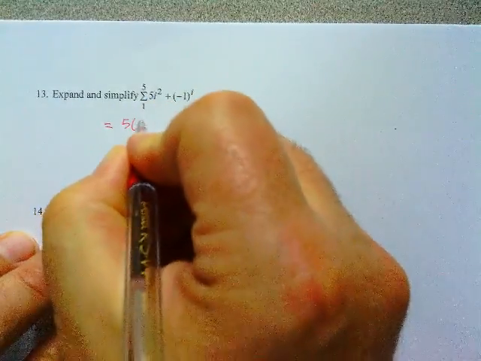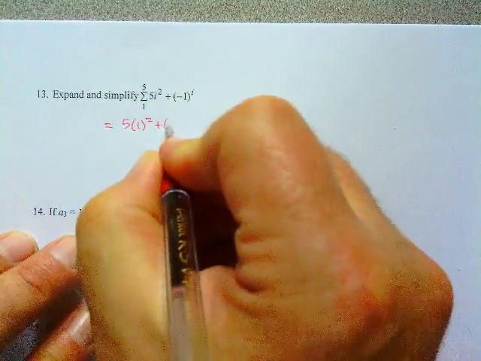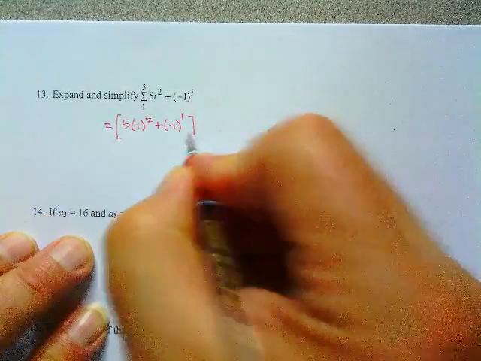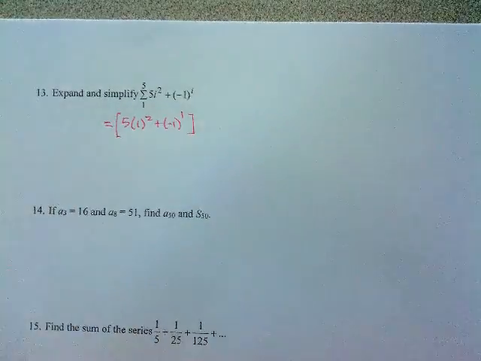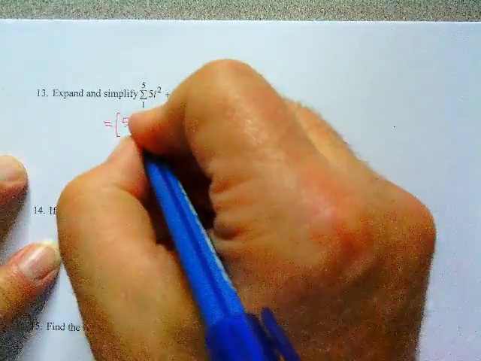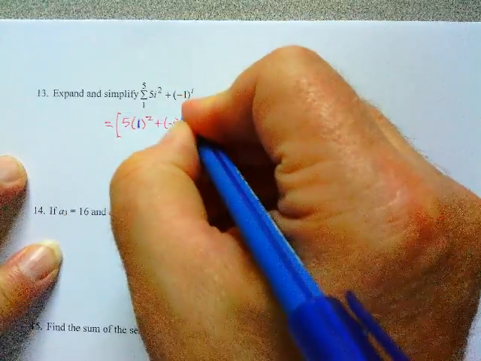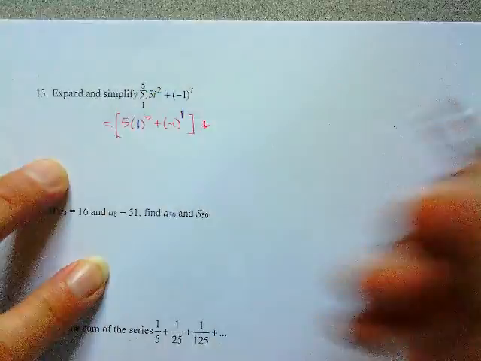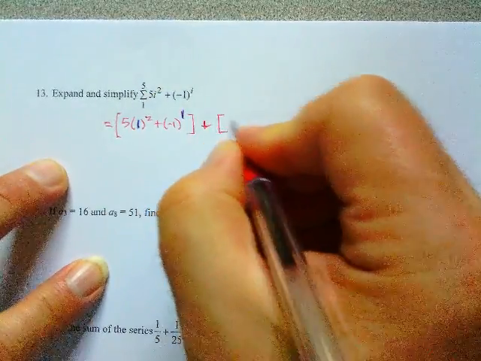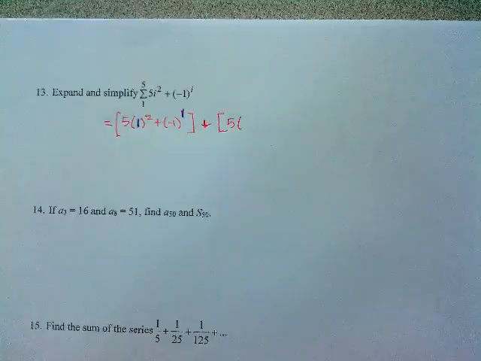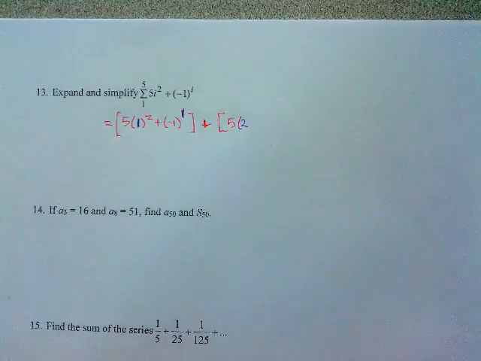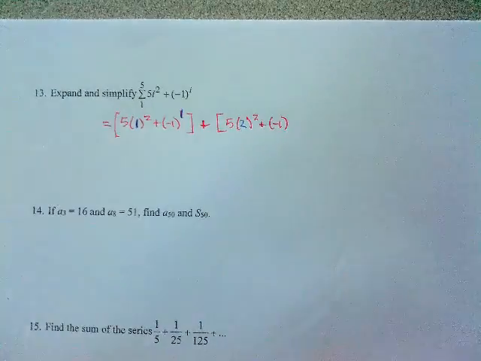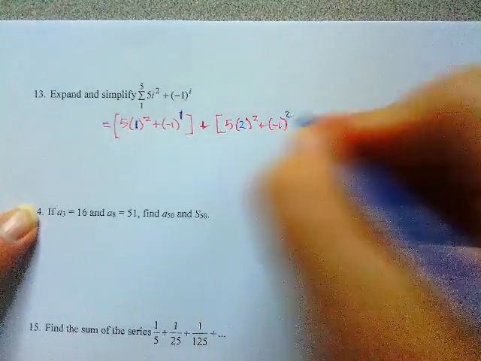So first off, we have 5 times 1 squared plus negative 1 to the 1. Let me go ahead and bracket. So that's the first one, and in fact, maybe just to make it easier, there's our 1s there. And then the sigma stands for sum, so now we're going to add in the next one. 5 times 2 squared plus negative 1 to the 2.